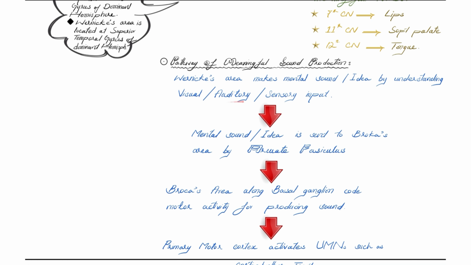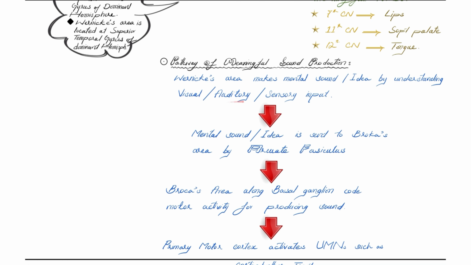Then Broca's area along with the basal ganglia codes motor activity for producing sound, and this code is sent to the primary motor cortex, which activates the upper motor neurons such as the corticobulbar tract, and then it is sent to lower motor neurons like the trigeminal nerve, facial nerve, glossopharyngeal nerve, vagus nerve, and hypoglossal nerve. Each of these cranial nerves controls the organ of phonation or organ of articulation. So damage in any part of this pathway will lead to speech abnormality.